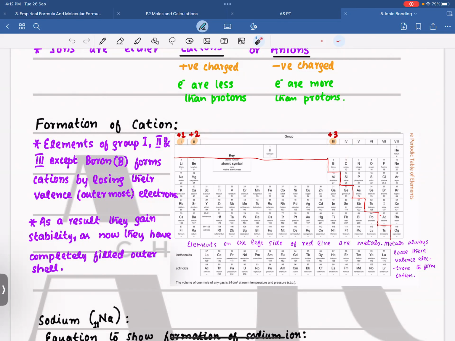When they lose their valence shell electron, their inner shell becomes the valence shell, and it has 8 electrons, which means it is completely filled, so they become stable.